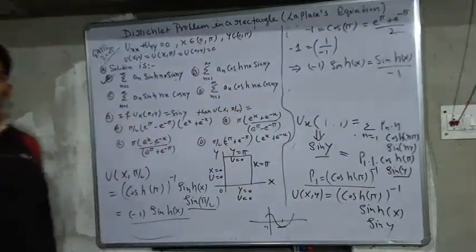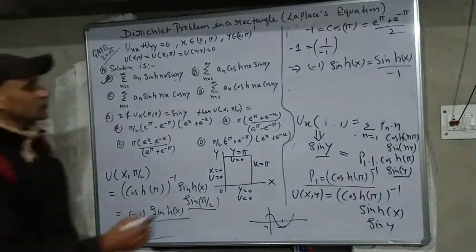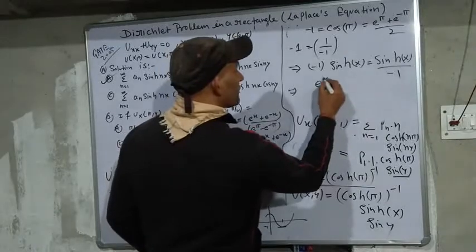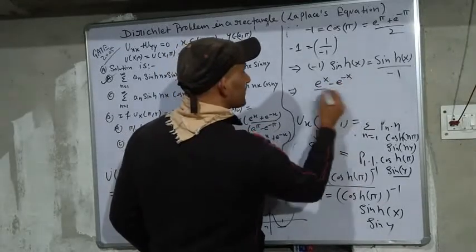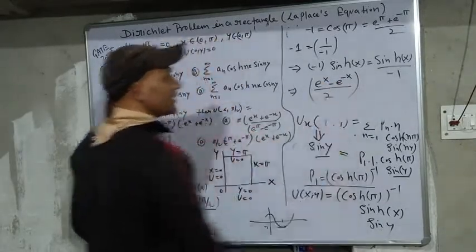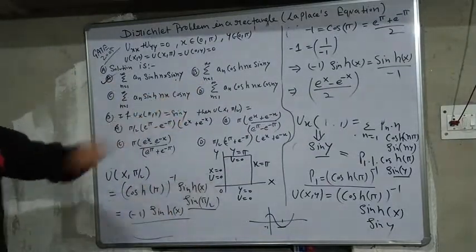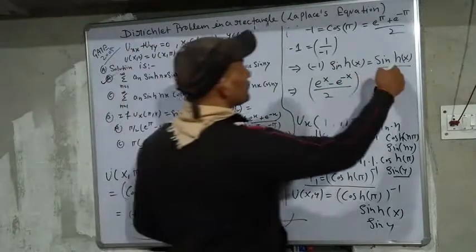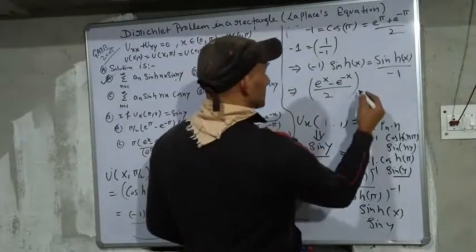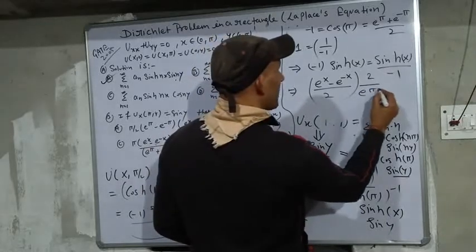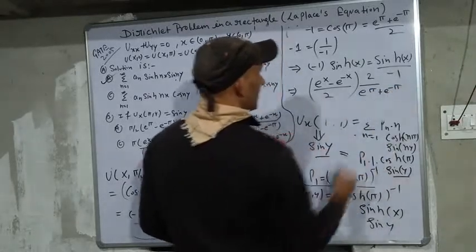No problem. Now sine hyperbolic x is equal to e to the power x minus e to the power minus x upon 2. Already you know that. And minus 1 is equal to this, meaning 2 upon e to the power pi plus e to the power minus pi. I think that you understand.